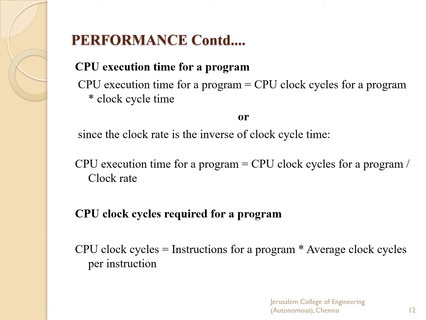And again, with respect to the frequency, that is the clock rate, we calculate it as CPU clock cycles for the program by clock rate, as clock rate is nothing but the inverse of clock cycle time. The CPU clock cycles required for the program is given by the instruction count for the program into the average clock cycles per instruction. This is how we calculate the performance of a system.